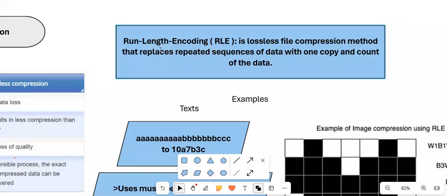For example, we have a repeated sequence of the character A. RLE replaces that with one copy of A and the count of the data, 10 times. Okay, so this is the definition.